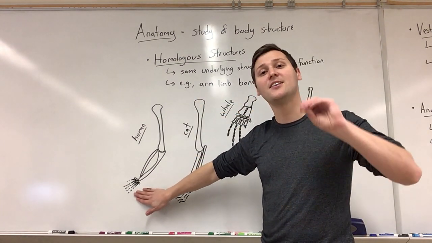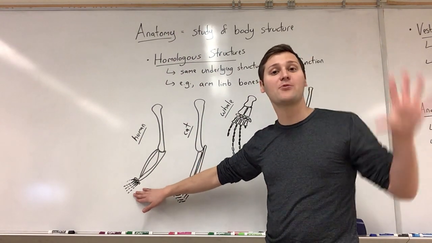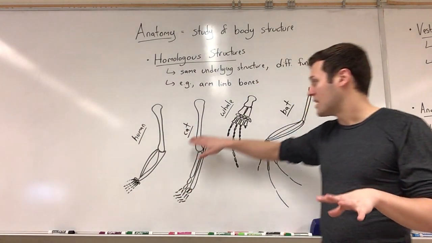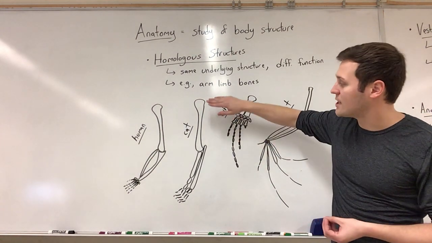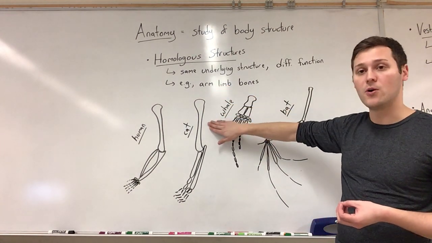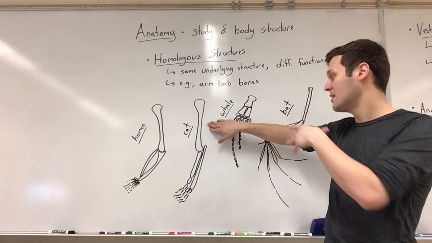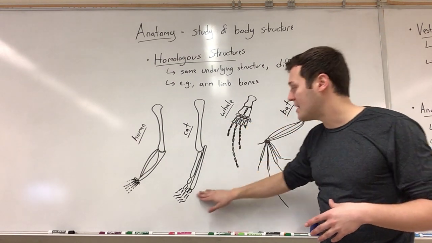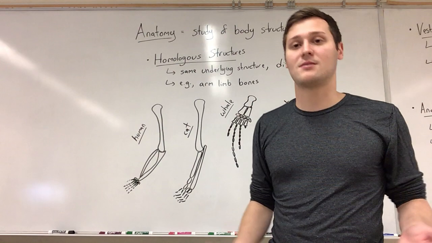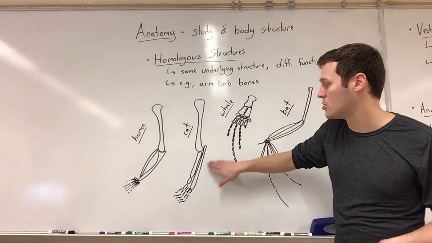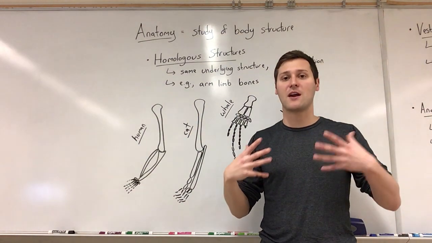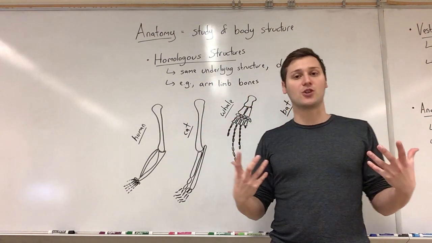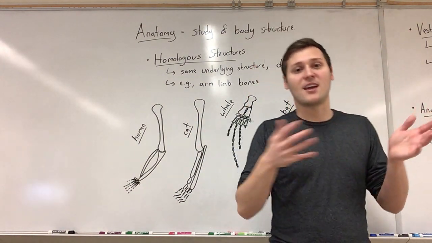Now this is not just for humans. If we look at a different species, let's say a cat, or a dog or any four-limbed animal, you would see that they have one bone in their upper leg, two bones in their lower leg, and then many bones in their paws, right? So we still see the one bone, two bones, many bones pattern. Whales are very different in structure and function than, let's say, a human.